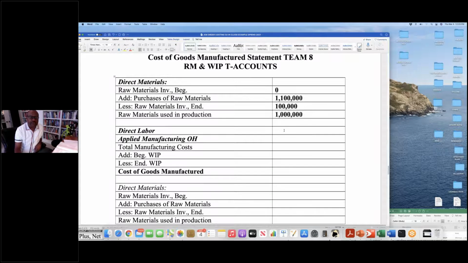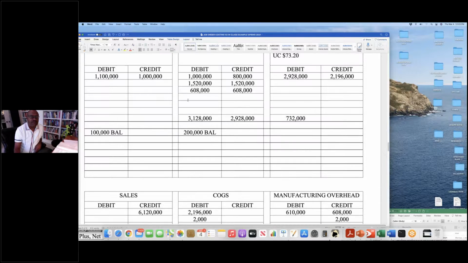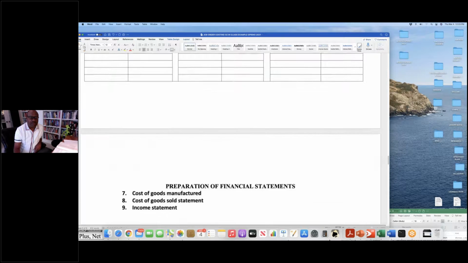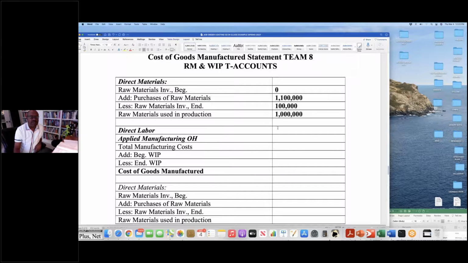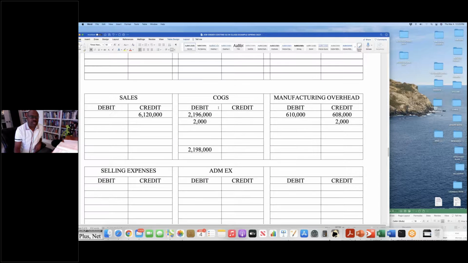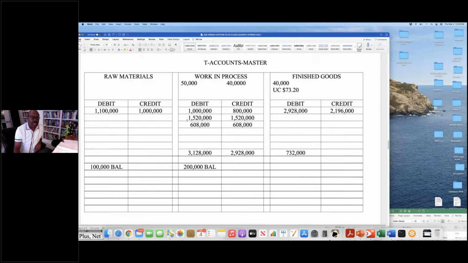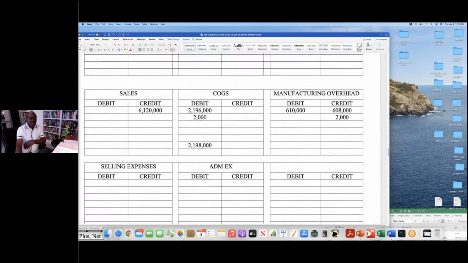Direct labor? 1 million. Overhead, 500, 1,520,000. So notice all of these numbers lift straight out of the work in process account. That's what I was telling you, you can use that T account.